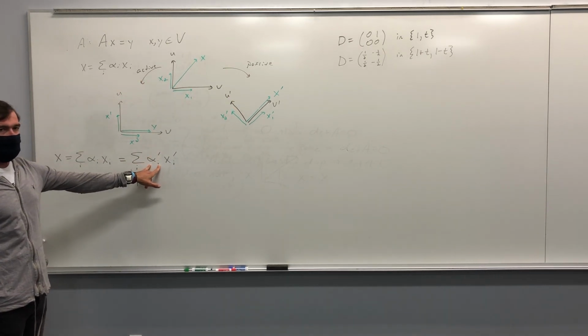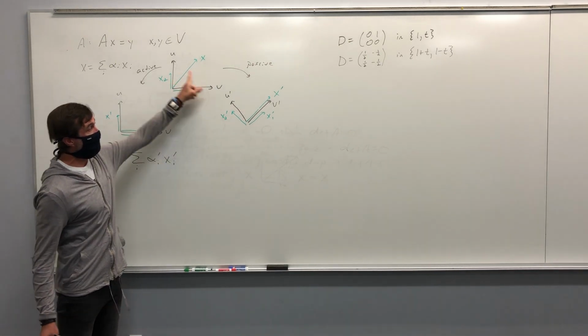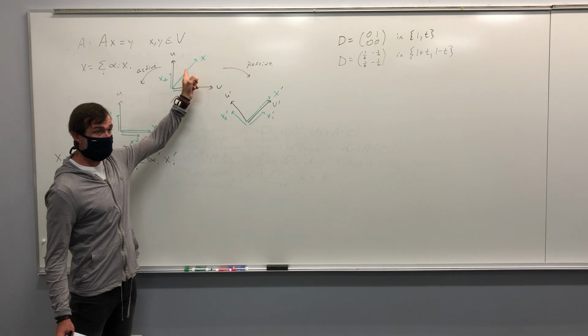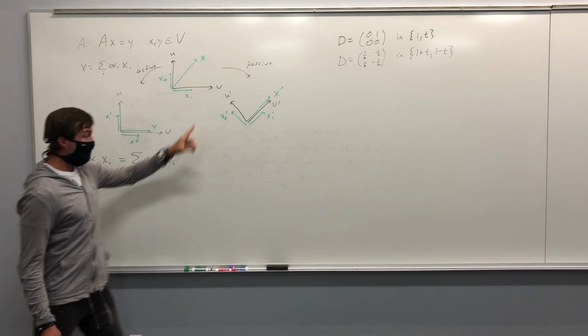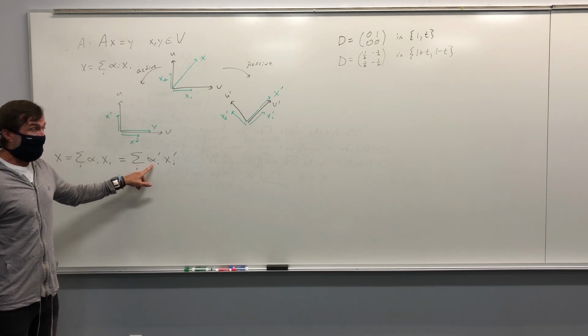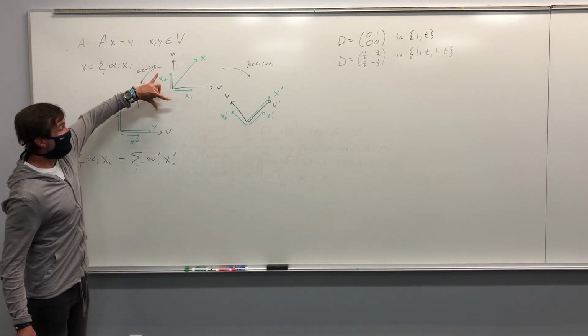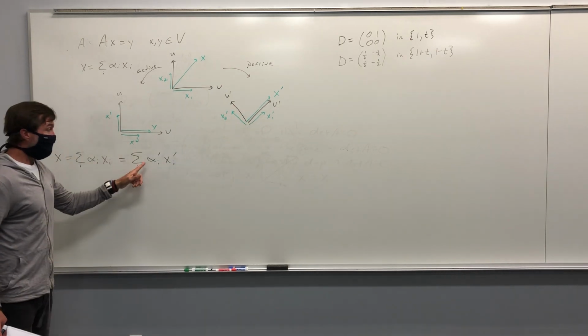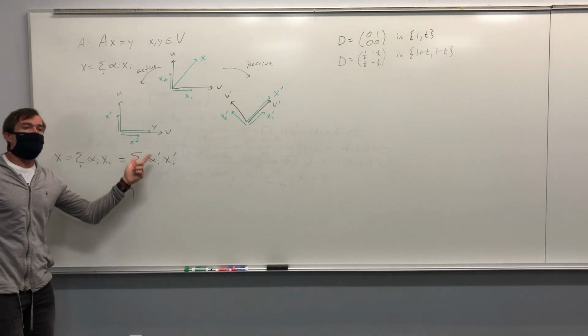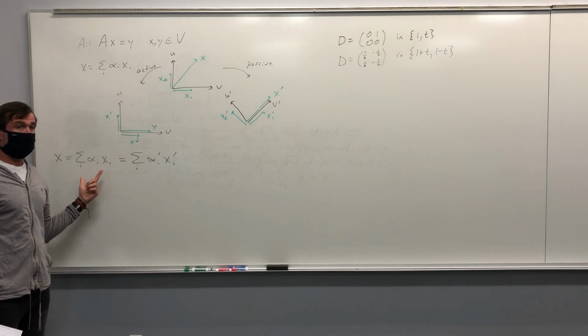If we did a basis change and got a new set of components, this is going to have different components than this did. So you expect the alpha i's to change. And you have different basis vectors. These basis vectors are not the same as these. So each of these will change, but the combination, which is the actual vector, should be the same. We following?